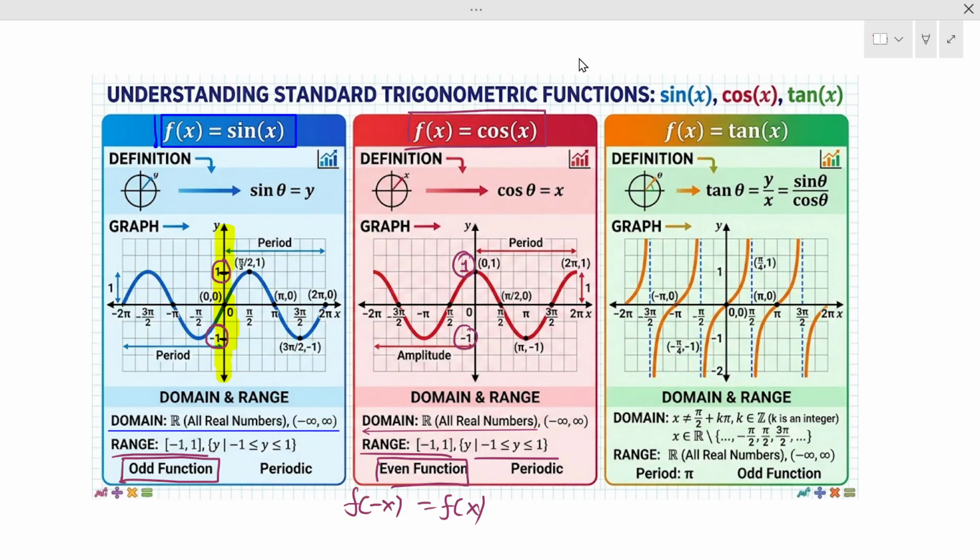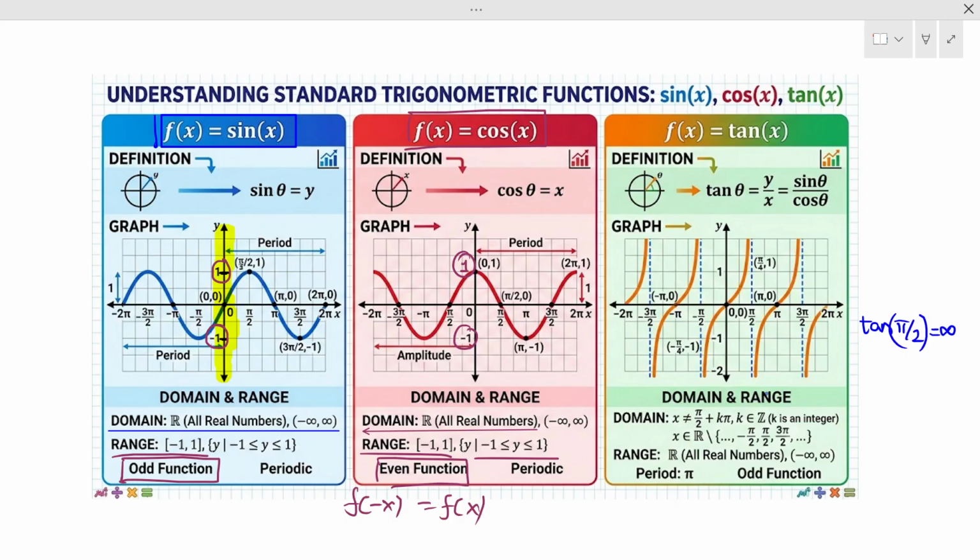Now tan, we all know that tan is undefined for odd multiples of pi by 2. Suppose if you try to find tan of pi by 2, that is undefined.